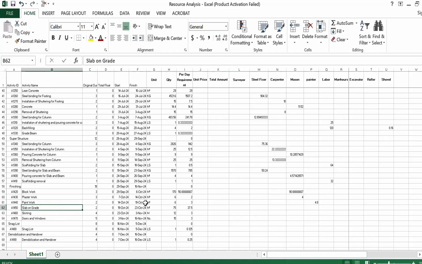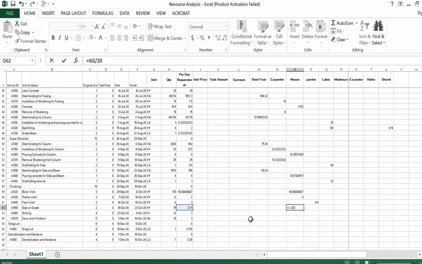Slab on grade. We need a mason for this. It is in meter cube also, I think, and it's showing a huge quantity. Per day we need 37.5 meter cube to complete in 2 days. One mason will cover, suppose, 20 square meter area in 1 day.